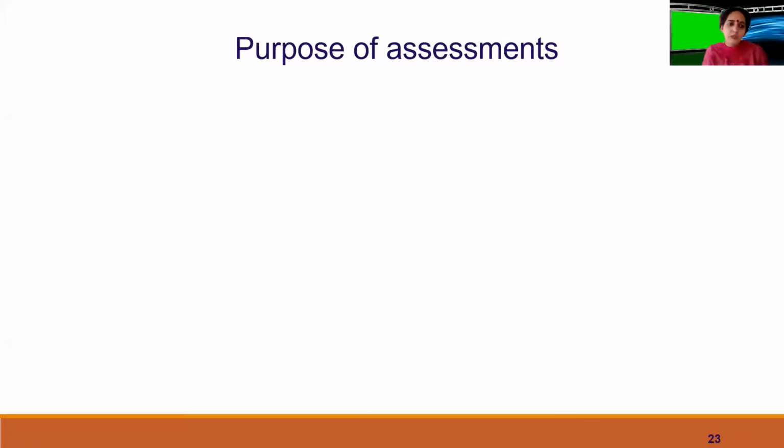In the chat, you may quickly write what are the different types of assessments that you are aware of. Let me see how smart you've become in the chat. What are the different types of assessment you are aware of?